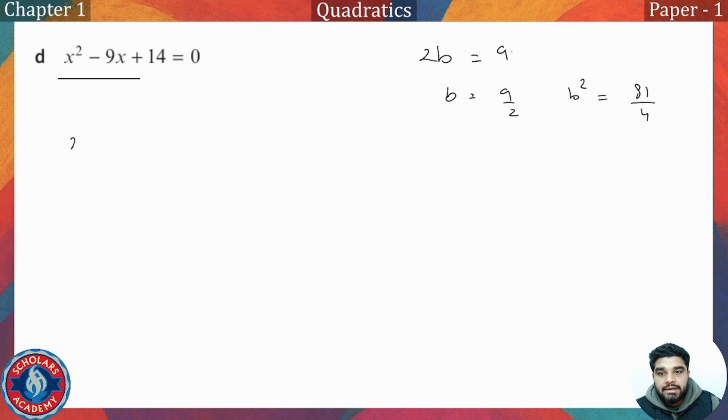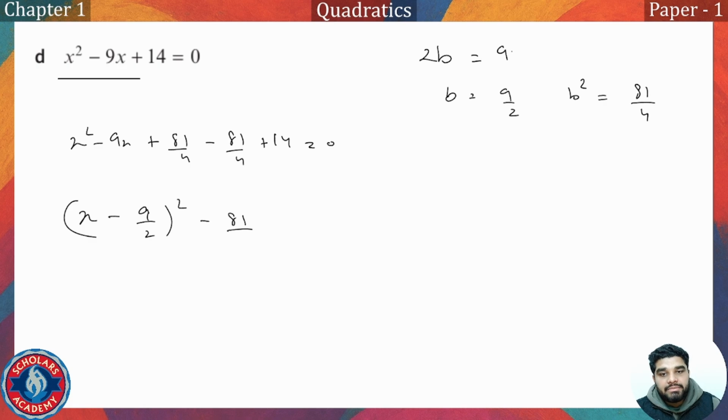We'll add that: x square minus 9x plus 81 by 4 minus 81 by 4 plus 14 is equal to 0. Right? So over here we get (x minus 9 by 2) whole square, and we get negative 81 by 4 and plus 14 is equal to 0.